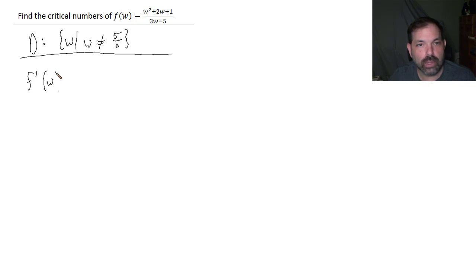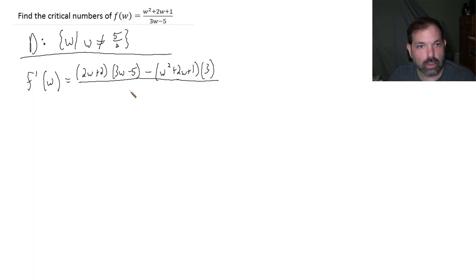f prime of w. Here I'm just going to use the quotient rule. So that would be (2w plus 2) times (3w minus 5) minus (w squared plus 2w plus 1) times 3, all divided by (3w minus 5) squared.